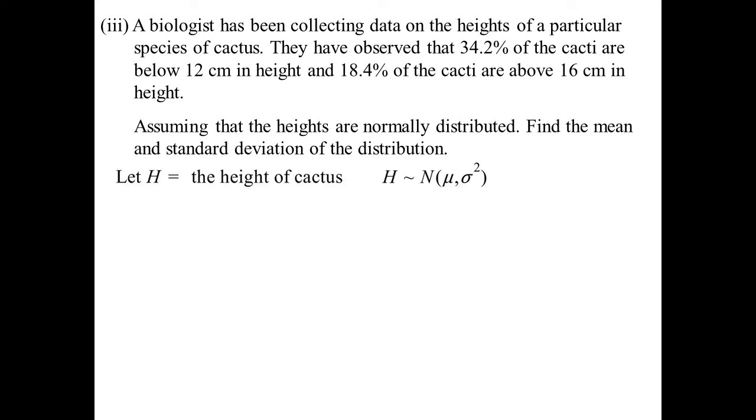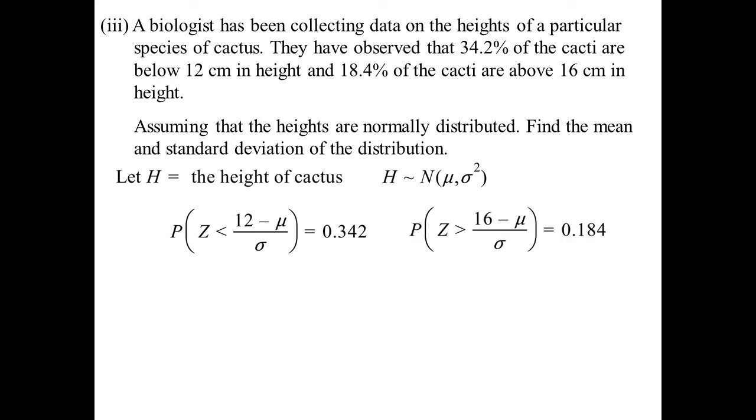In this case, we don't know either bits of information. That's what we're trying to find. But if I convert it to Z scores, I'm going to say Z is less than 12 centimetres, so 12 minus mu over deviation. That's got to equal 0.342, 34.2%.